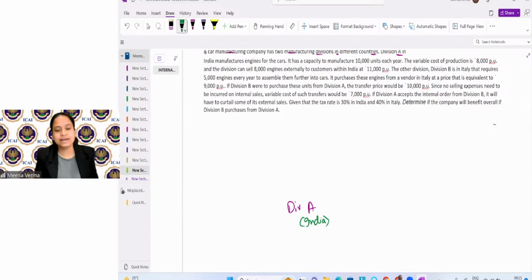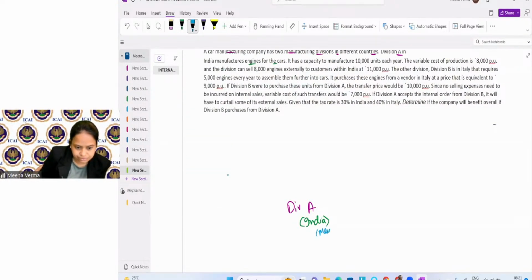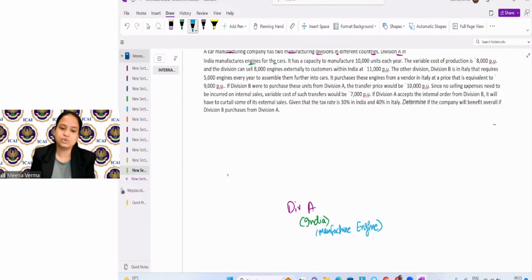So in India, what is happening? They are manufacturing engines of the car. So they are manufacturing engines.